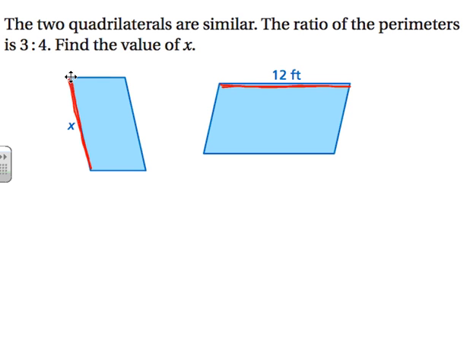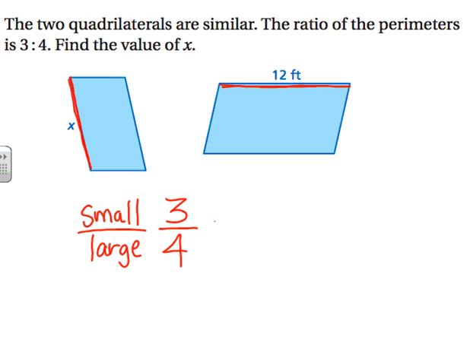So we're going to write 3:4 as our first ratio, and since 3 is less than 4, that is the small side or the small figure compared to the large figure. So in our proportion, because the first quadrilateral is smaller, I know to put x in the numerator and 12 in the denominator.